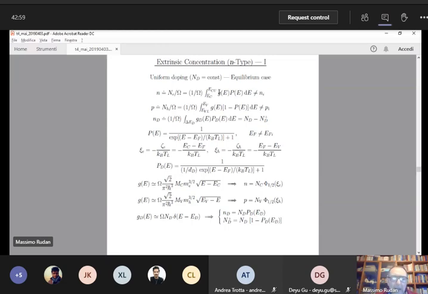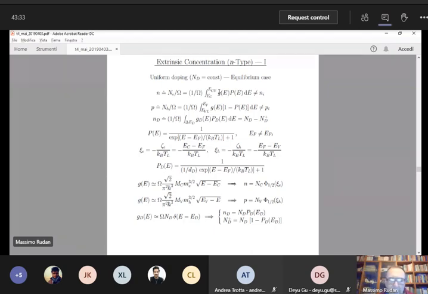So the concentration of the donors that has not ionized yet can be calculated as the total concentration of the donors that we call capital ND, as you can see in the third line of the page, less the concentration of the donor atoms that have ionized, and this is called ND plus.